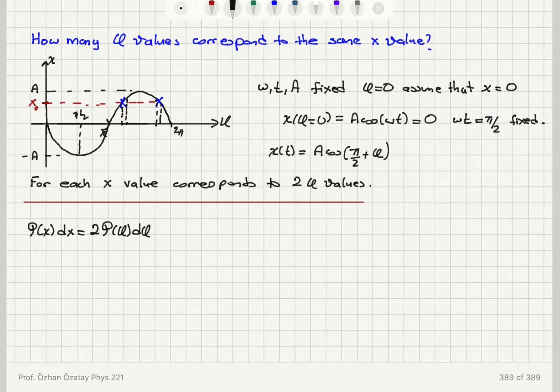They're both 1 over 2 pi, so I just have to multiply it by 2 to find the answer to what is the probability of having an x value between x0 and x0 plus dx. Okay, so there is this factor of 2 here that I have to consider.